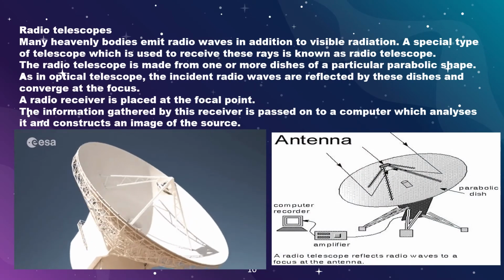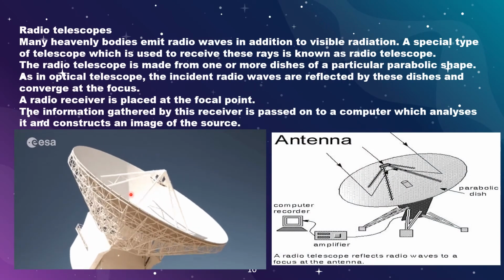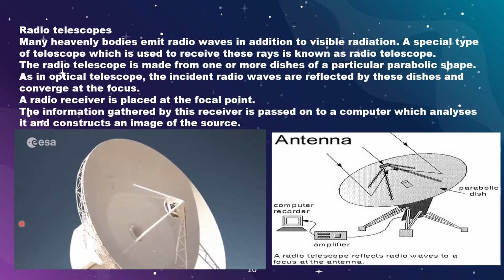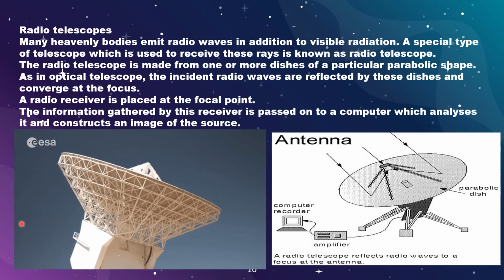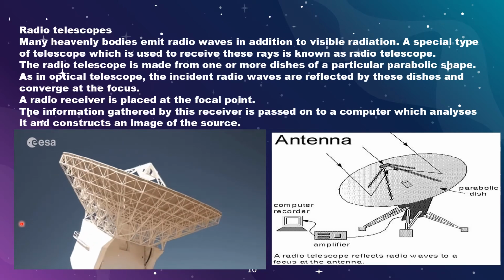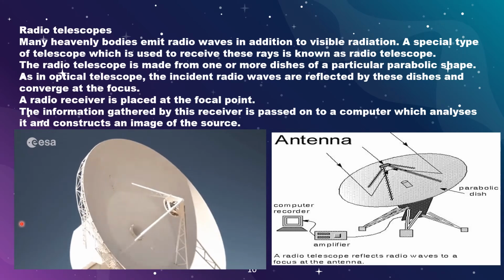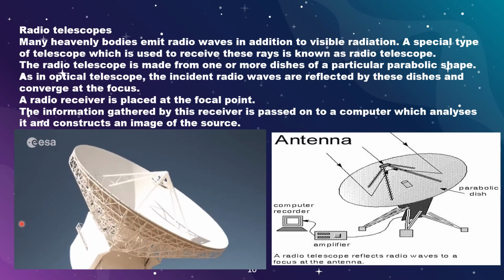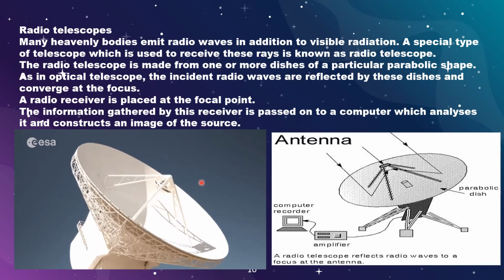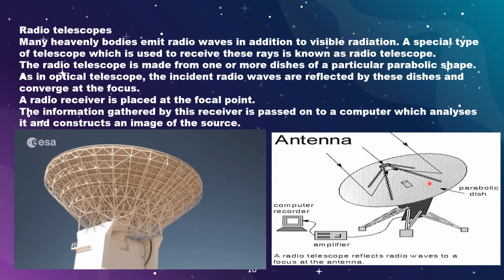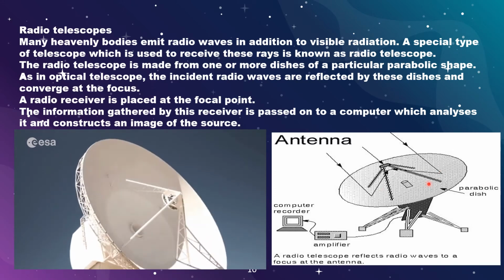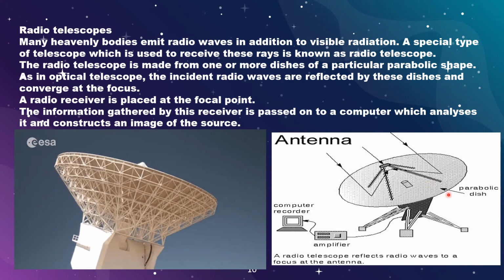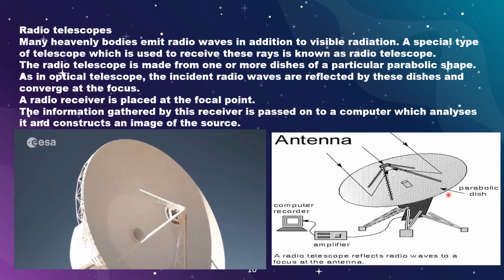Radio telescope. A radio telescope is a telescope that is designed to receive the radio waves from space. Radio telescope has three components: one or more antennas to collect the incoming radio waves. Most of the antennas are parabolic in shape. This parabolic shape reflects the radio waves and converges the radio waves at one focal point.